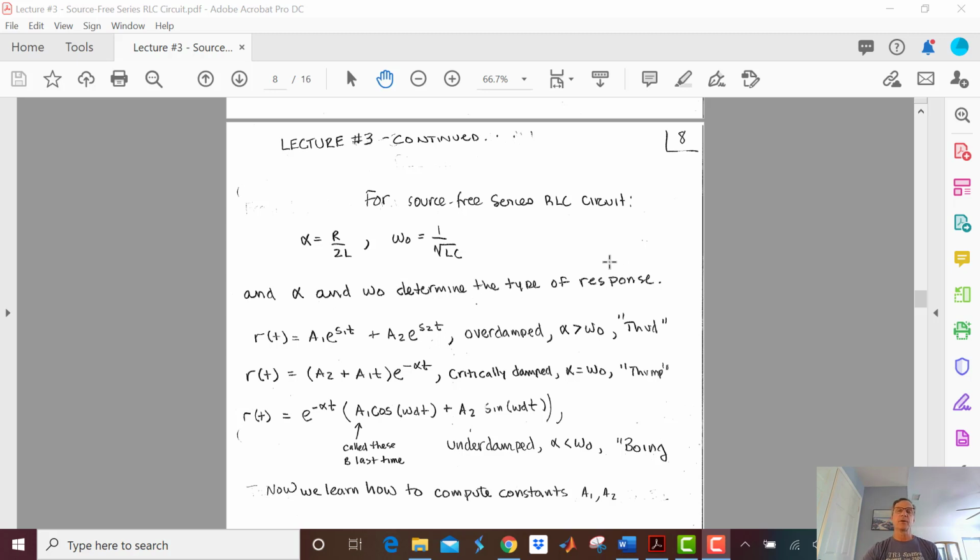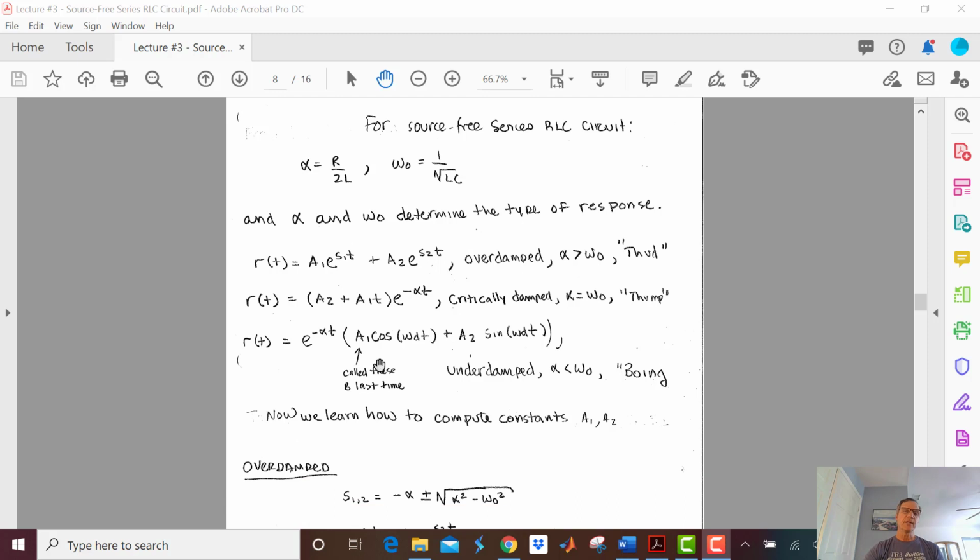They determine whether you're going to get a thud or a boing or a thump. And we have these generalized equations that give us the response under those conditions. Which of these equations you use depends on the relationship of alpha and omega naught.